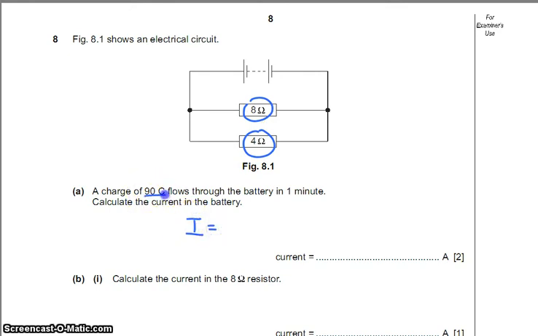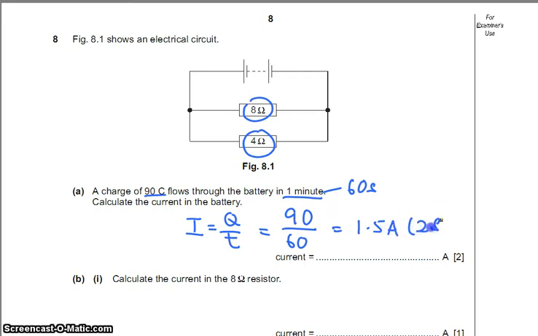You're given the amount of charge and the time, so of course I is equal to Q over T. In this case Q is 90 and T is 60 seconds. Remember, you got to convert this to 60 seconds. You have got 1.5 ampere, 2 sig fig. Again, as you can see here, it is 2 sig fig, so the final answer is 2 sig fig.